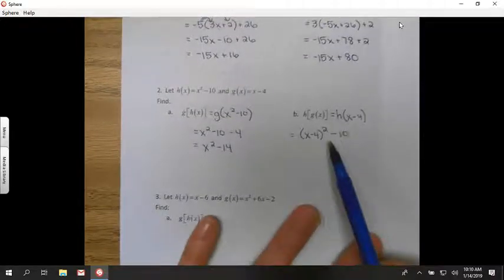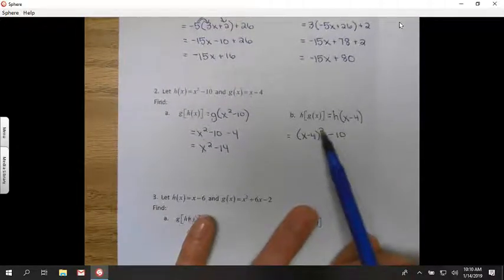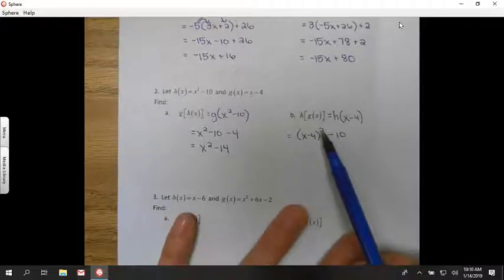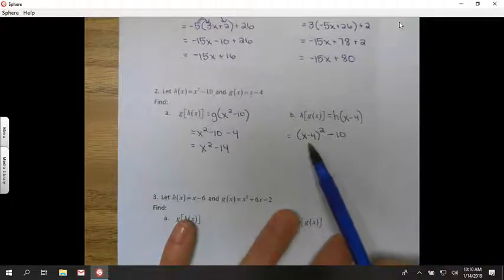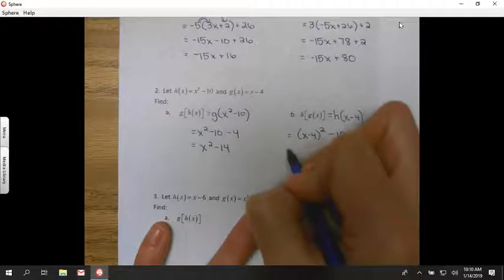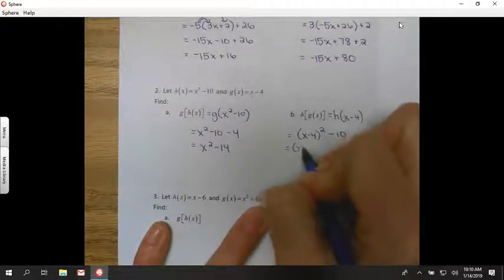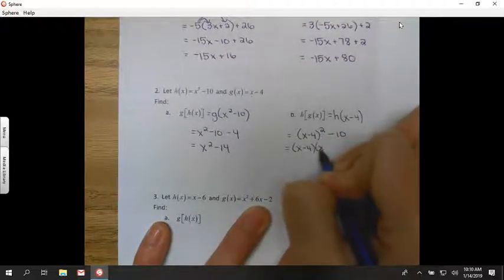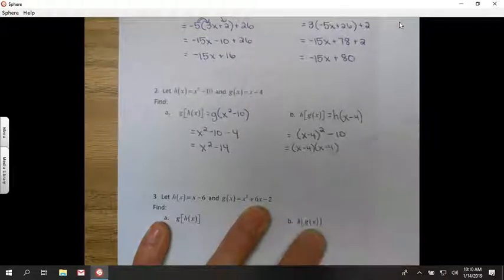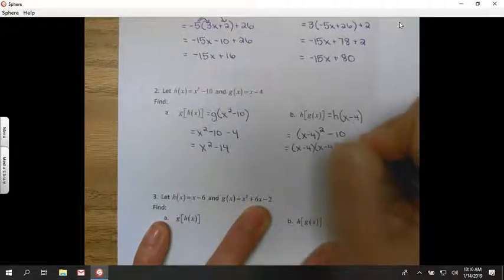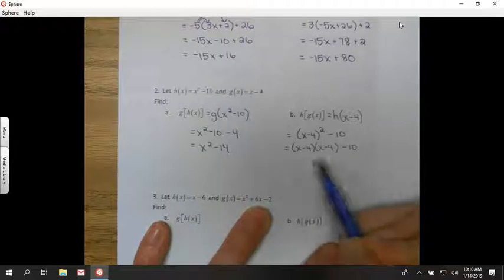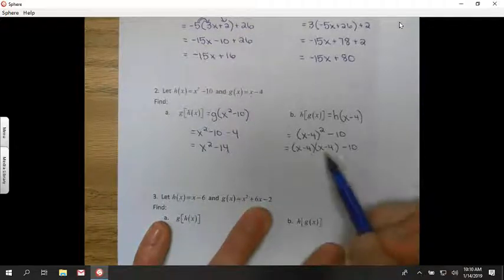Now, when I have x minus 4 squared, this squared, according to my exponent rule, tells me how many times this base is being multiplied by itself. So if it's 2, I really have x minus 4 times x minus 4. I need to FOIL or double distribute this.